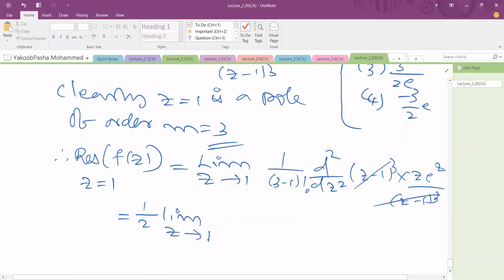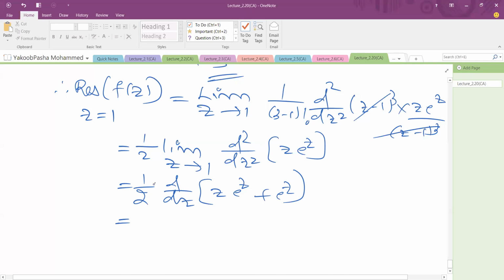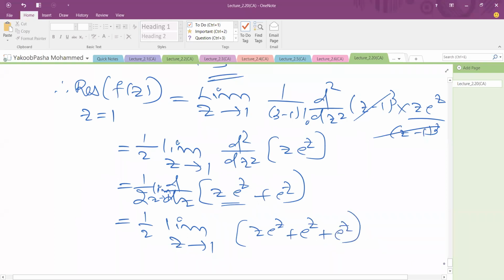Limit z tends to 1 of d square by dz square of z e power z. So this is equal to 1 by 2, the differentiation of z e power z by using the UV formula: z e power z plus e power z. Again differentiate: z e power z plus e power z, then e power z, derivative e power z.